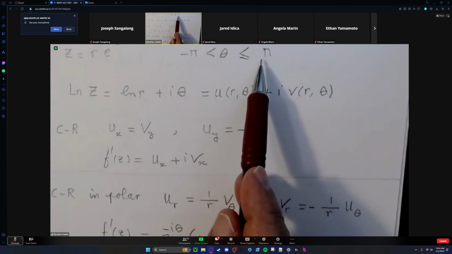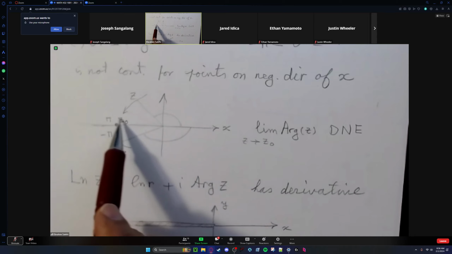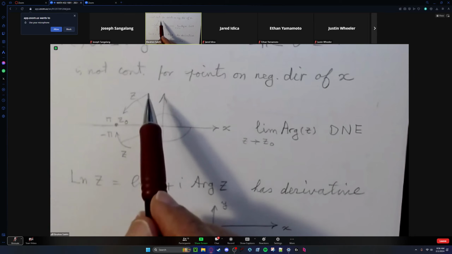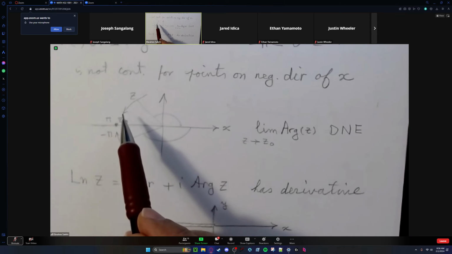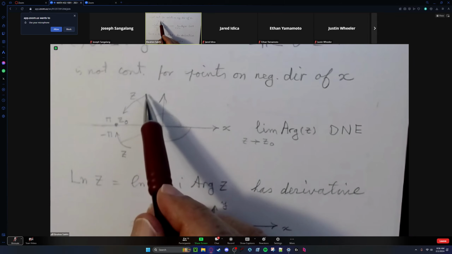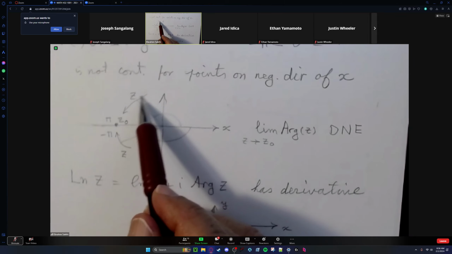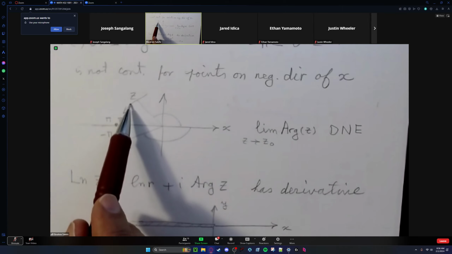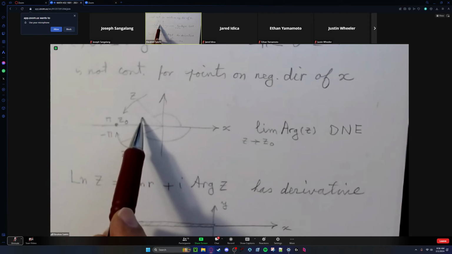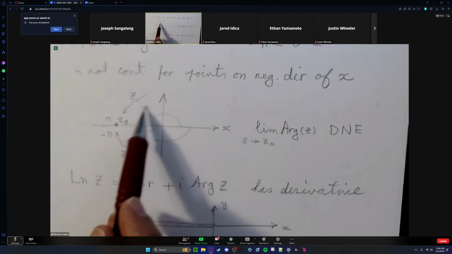If you stay here, look, the principal argument is this, and you get closer, and you get closer. So if you approach this point, take the limit as z approaches this point, the limit is pi, right? Because this is the principal argument, and you get pi.